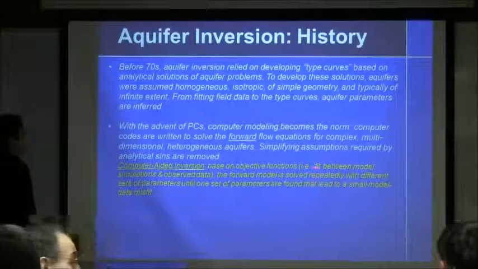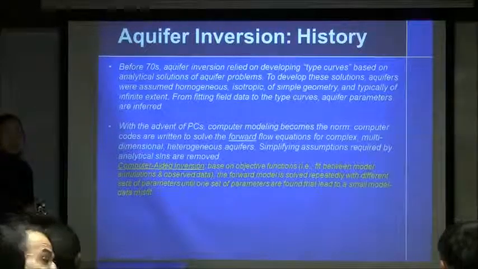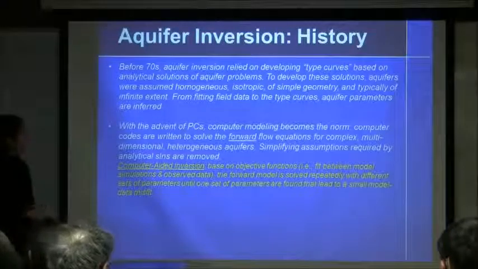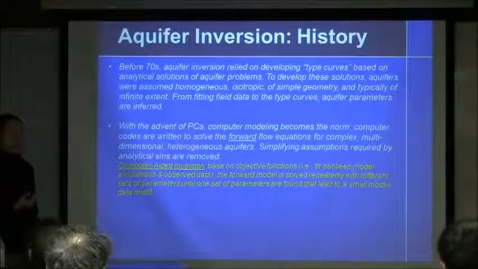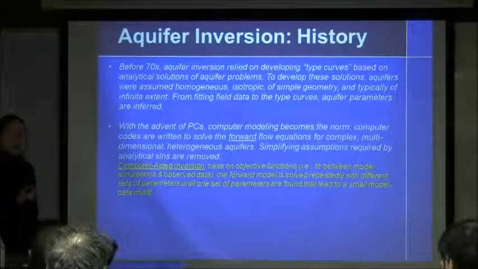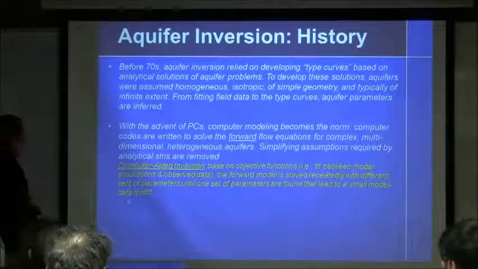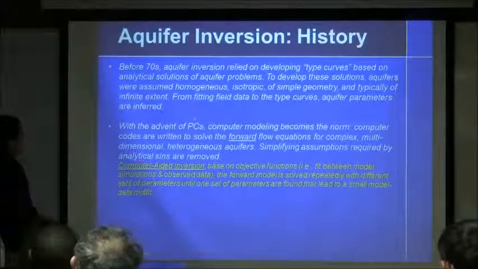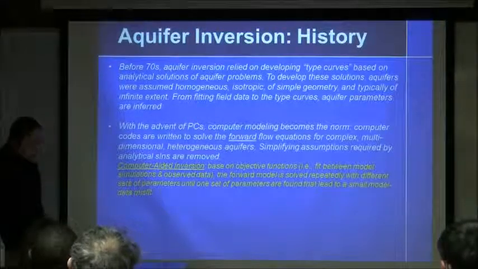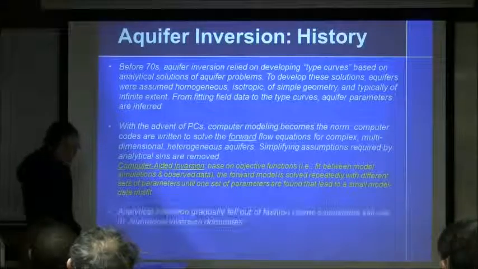Then the forward model is solved repeatedly with different sets of parameters until one set of parameters is found that leads to the best, which means the smallest model or field data misfit. So as a result of computers, we now do computer-aided inversion.